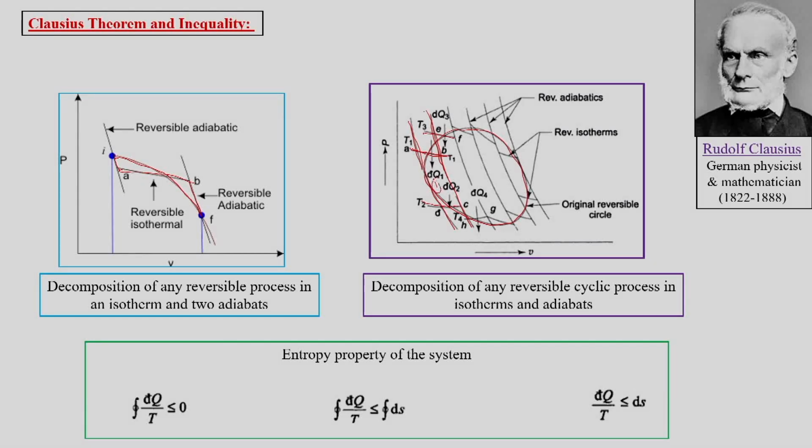This is one such cycle, this is 2 such cycles, this is 3, 4 and 5 cycles. Our basic cyclic process gets decomposed into 5 cycles, where each cycle has 2 isotherms and 2 adiabats.